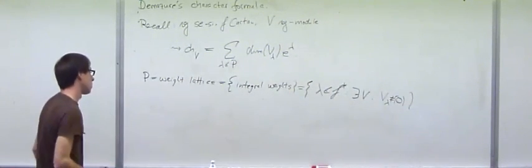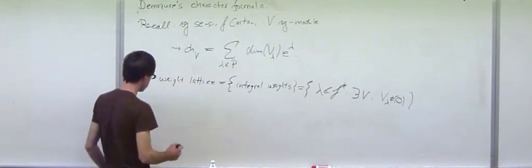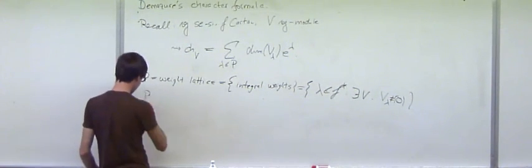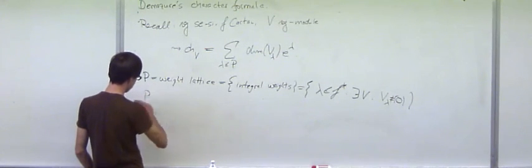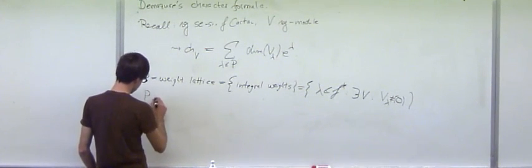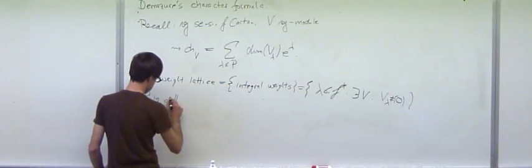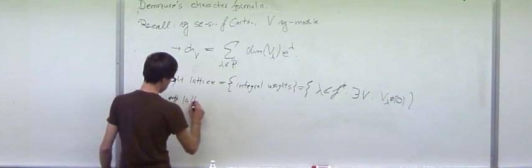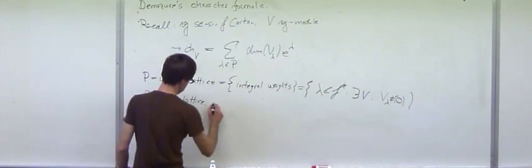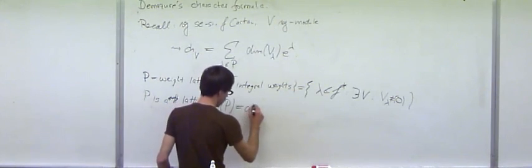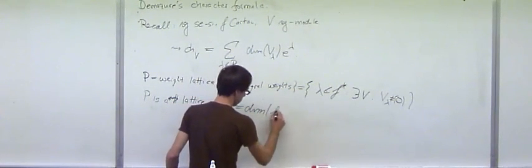And we saw that this is actually a lattice. Well, I told you, and I gave some indication of the proof. So P is a lattice. And what's the rank of P? That's just the dimension of H.